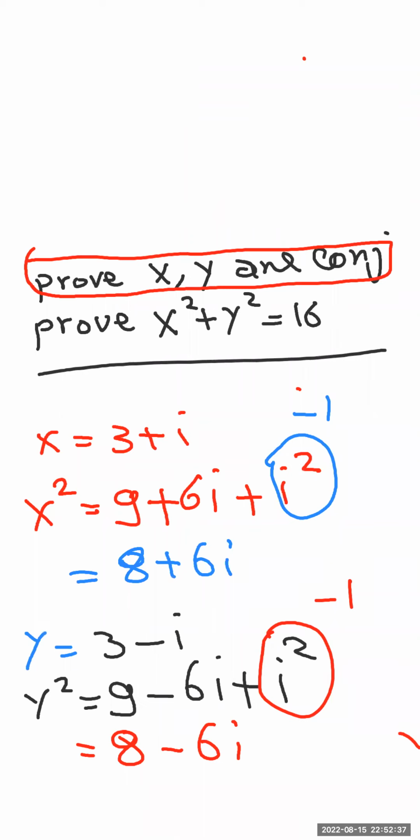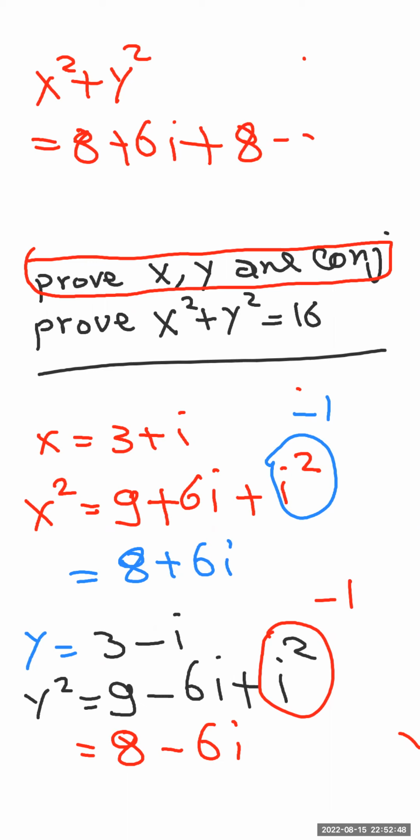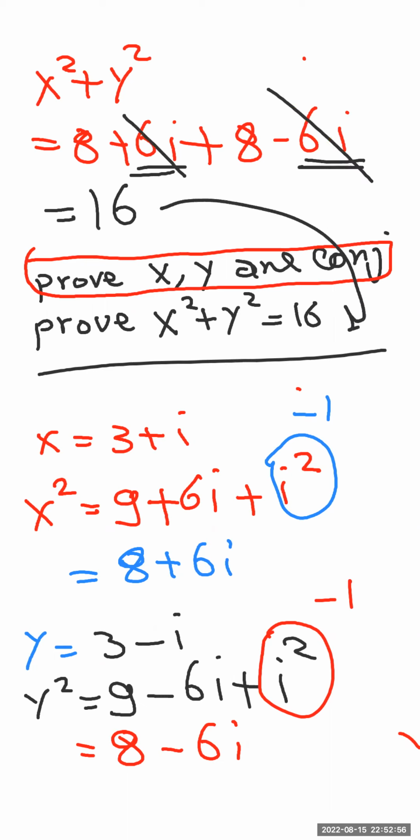Now x squared plus y squared, which is required, will equal 8 plus 6i plus y squared, 8 minus 6i. A number and its additive inverse sum to 0. 8 plus 8 equals 16, which is required in the question. I'm done.